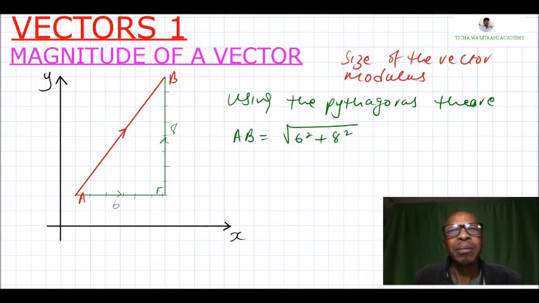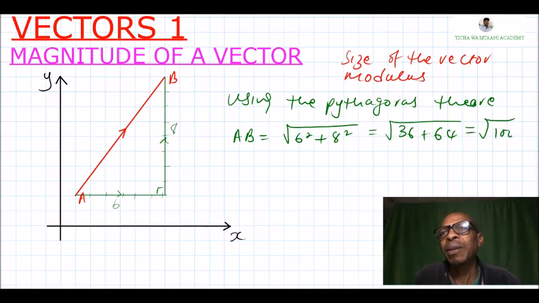You remember the Pythagoras theorem, hope so. It is equals to the square root of 36 plus 64. You get the square root of 100, which is equals to 10, which actually means AB is 10 units.